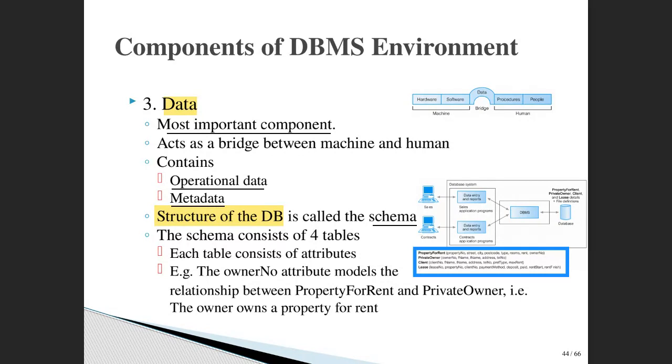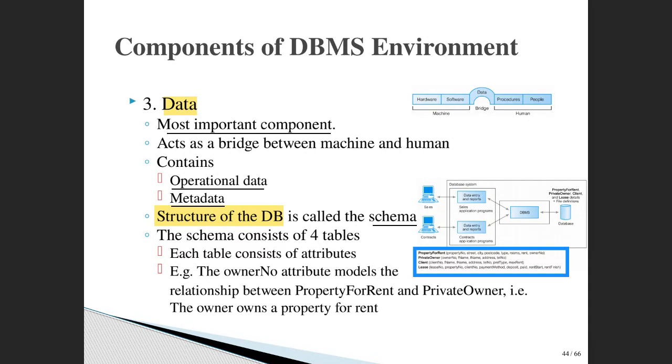Now the relationship between property for rent and private owner: what is the relationship? There will be an attribute that links the tables. They give you an example here with the owner number. The owner number is available in which table? Let me just check here.